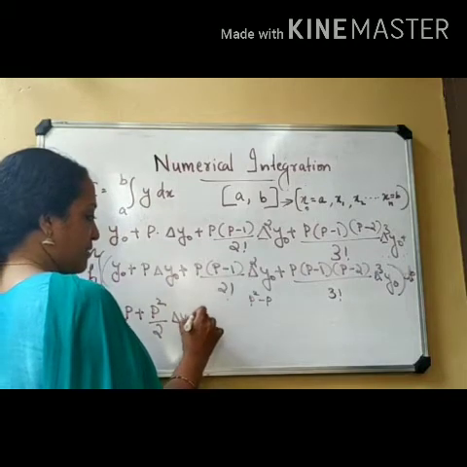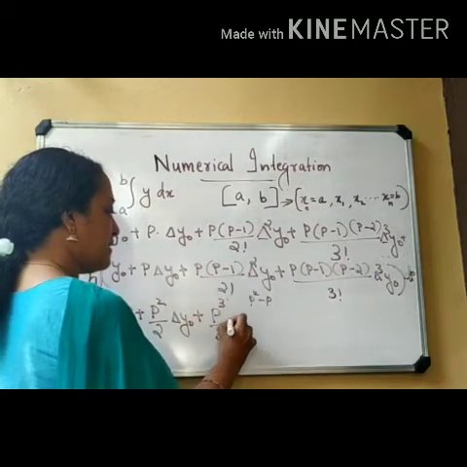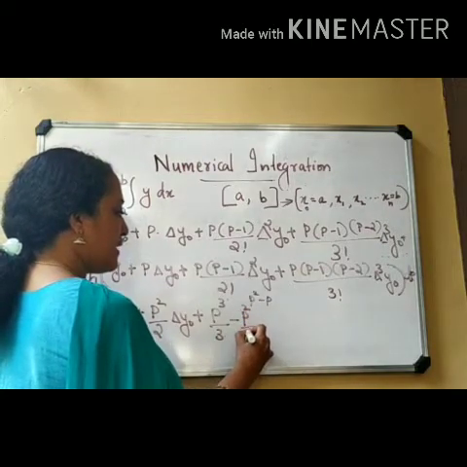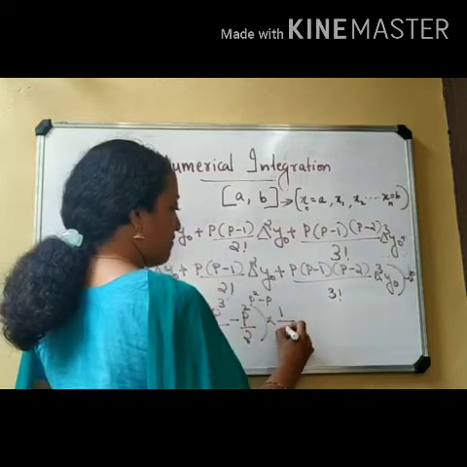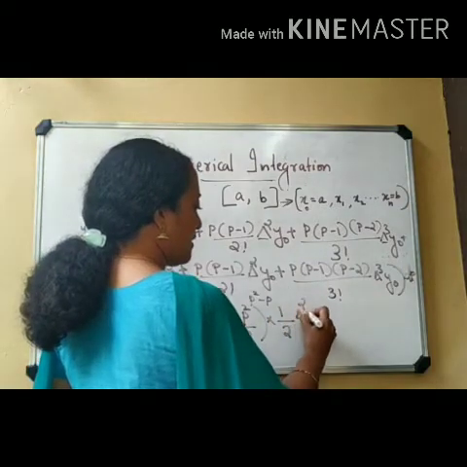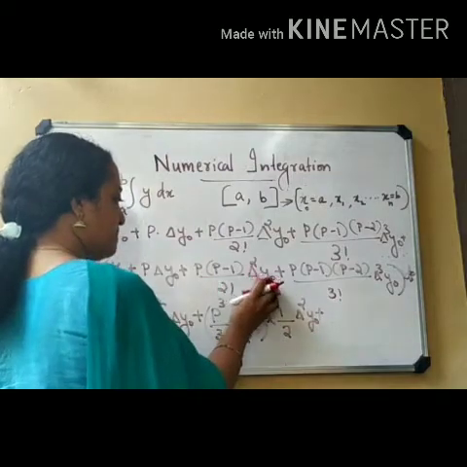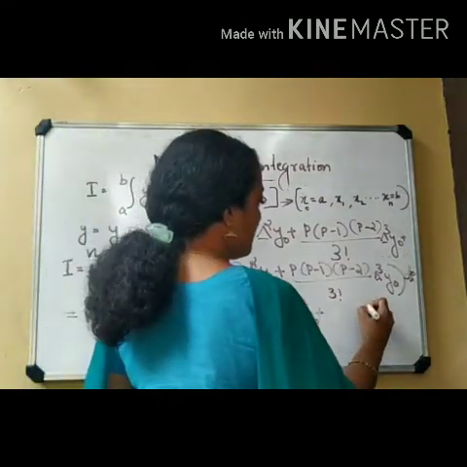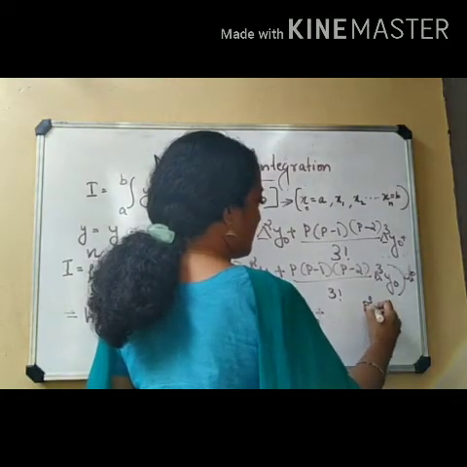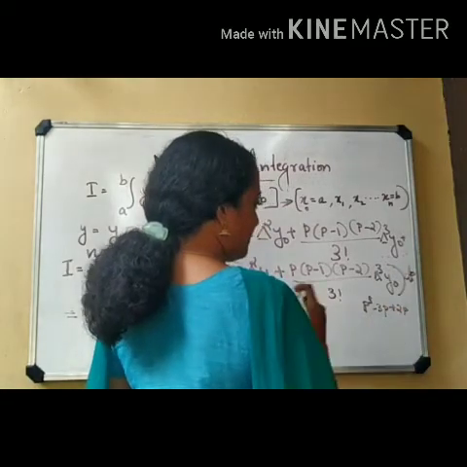So when we integrate this, p cube by 3 minus p square by 2, divided by 1 by 2 into del square y0, plus the next term, this is p cube minus 3p square plus 2p.